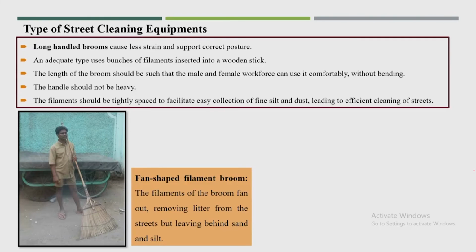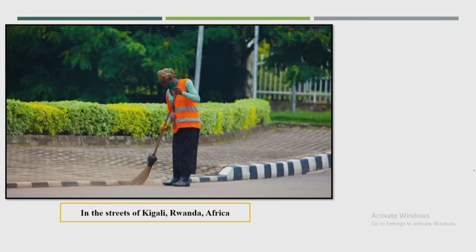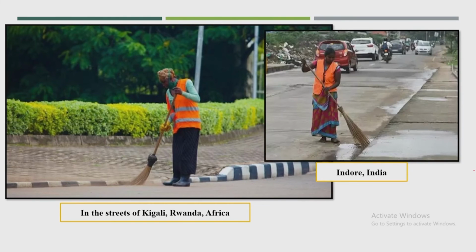This is somewhat good, and they can sweep with it on both sides, front and back. And this is another one, the bunched filament broom, which normally sweeps on only one side. You can see here somewhere in Africa, in Indore.